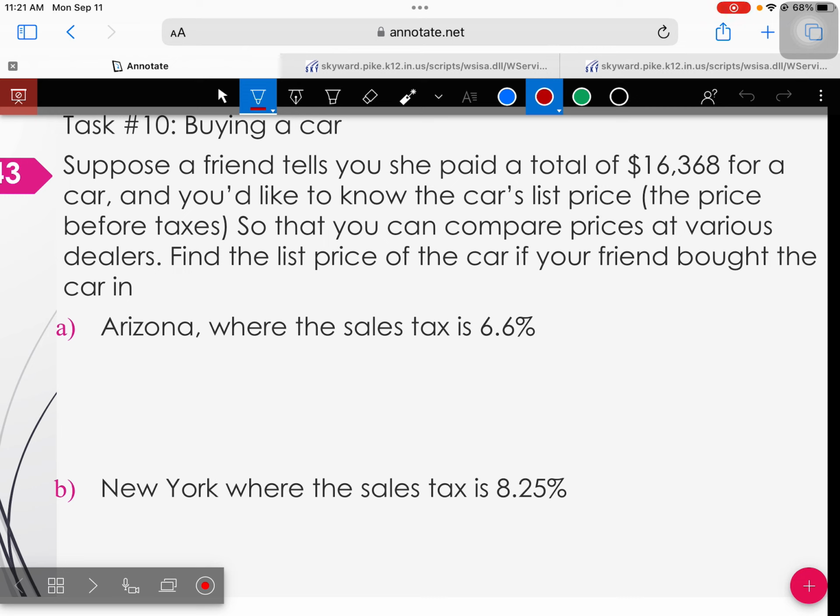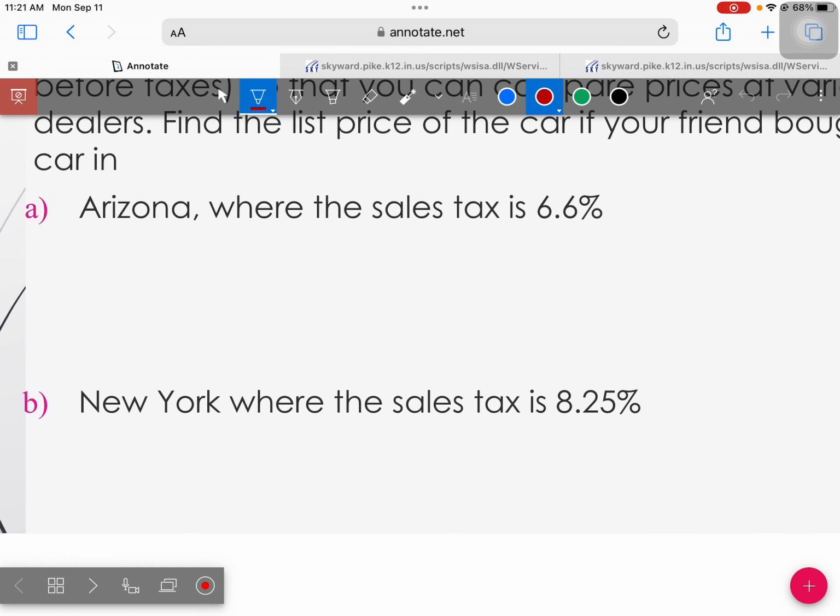Yes, Shaggy. Would it be divide the 16,368 by 6.6? Well, let's think about it.